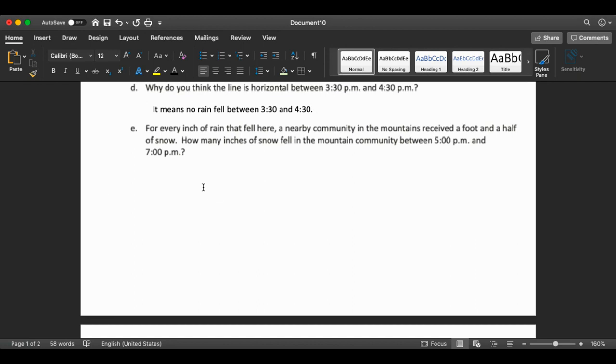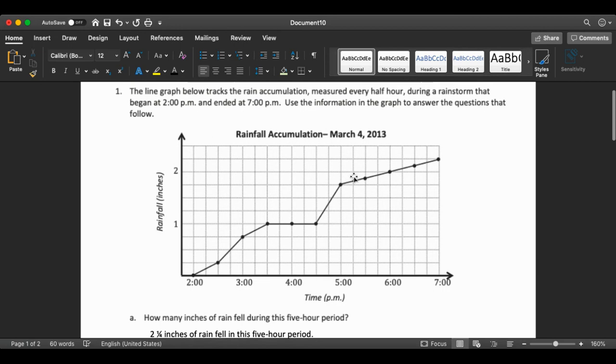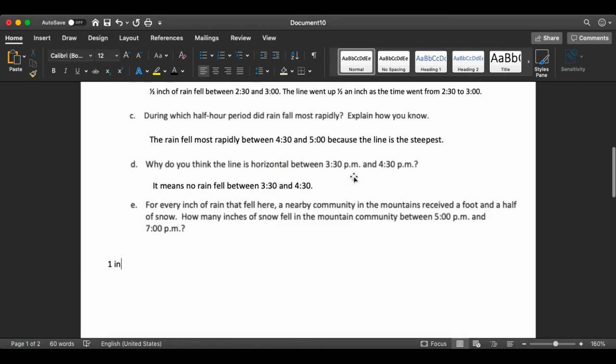Okay, so 1 inch on our graph, 1 inch of rain, equals 1.5 feet of snow. That's basically what they're saying.